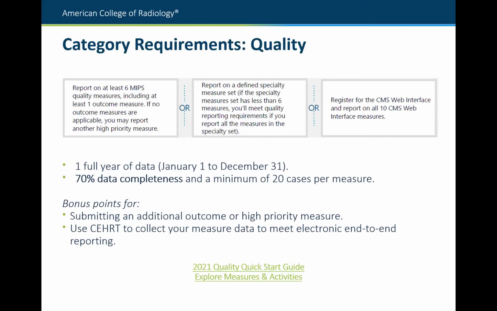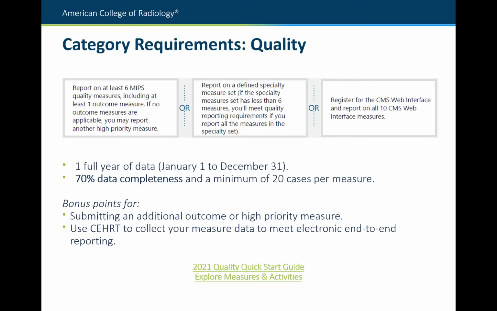You'd have to submit 1 full year of data for all of these different methods from January 1st to December 31st. And the data completeness this year is 70%. So you have to submit at least 70% of your data and also at least 20 cases per measure.